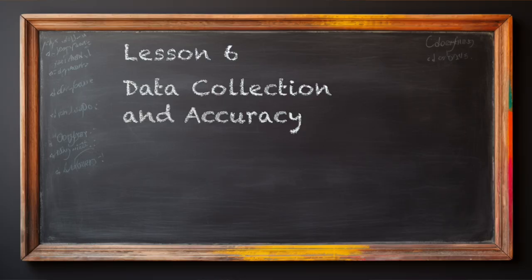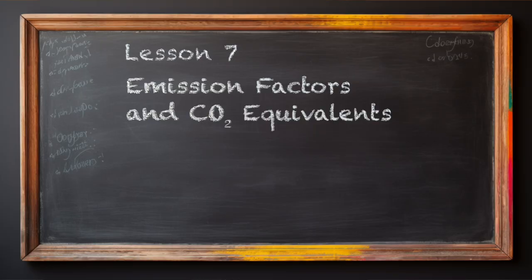And then there's lesson 6 about data collection and accuracy. It's about learning methods to gather reliable data for GHG inventories, minimizing errors, and improving emission estimates for effective reporting. And in lesson 7 we will talk about emission factors and CO2 equivalents.